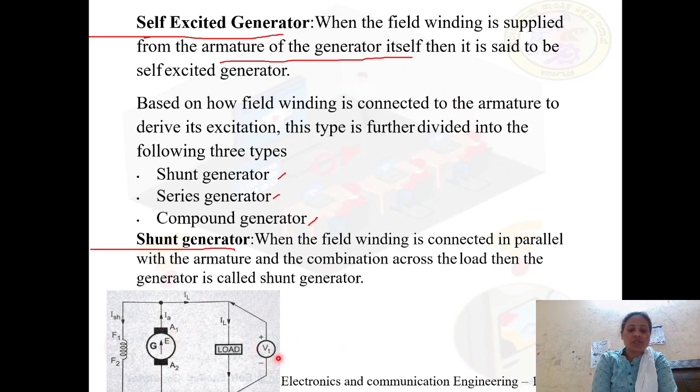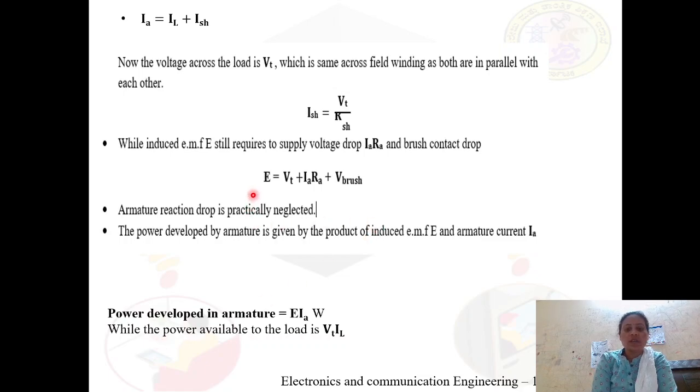It includes the terminal voltage, armature resistance drop, brush contact drop, and armature reaction drop. Therefore, we can write E is equal to Vt plus IaRa plus V brush. Practically, the brush contact and the armature reaction drop will be very, very small and negligible.